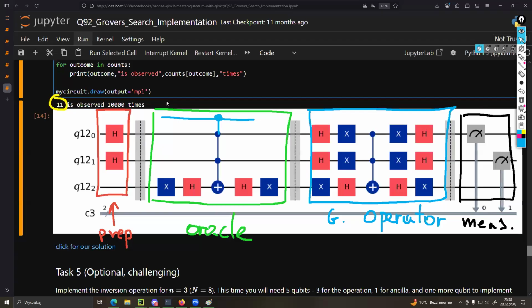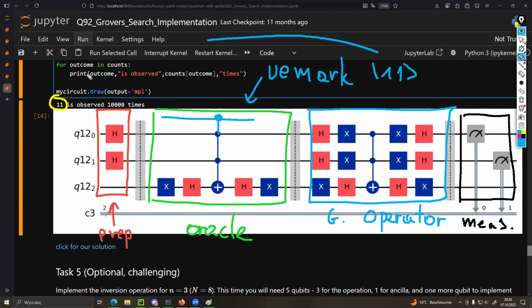If we had one more qubit in our solution space. So, for example, we know that in the base case, we mark 1 1 as a state, and we get this as our observed.